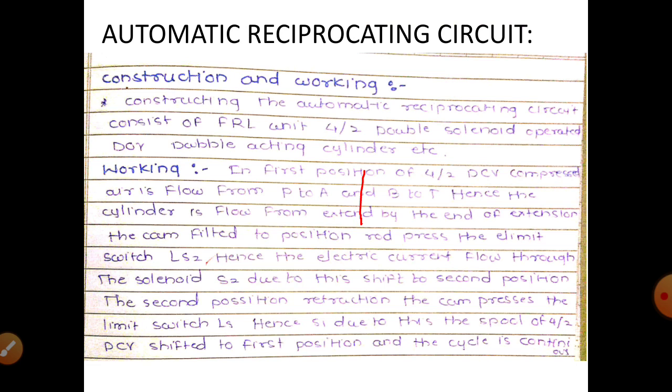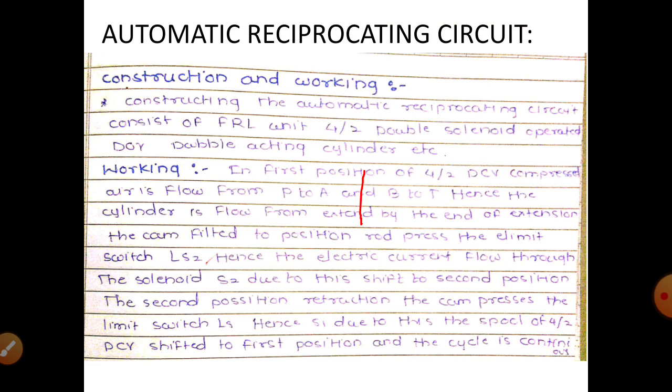The circuit consists of an FRL unit, a 4x2 double solenoid operated directional control valve, and a double acting cylinder. FRL means filter regulator lubricator. The next point is the working of the automatic reciprocating circuit.